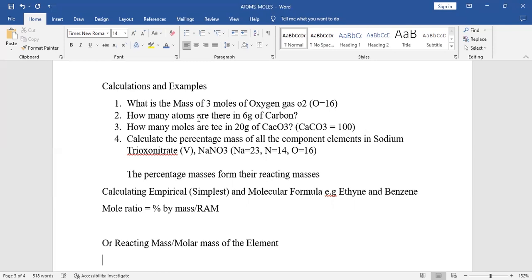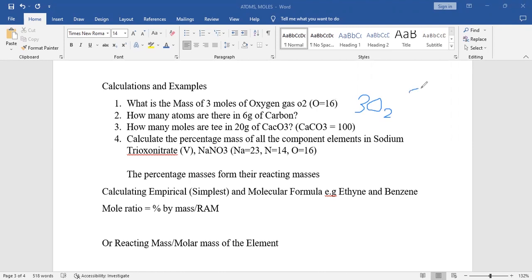To calculate the mass of 3 moles of oxygen, let me bring in my stuff again. So 3 moles. The number in front of these things is the moles. So 3 O2, where the relative atomic mass of oxygen is 16.